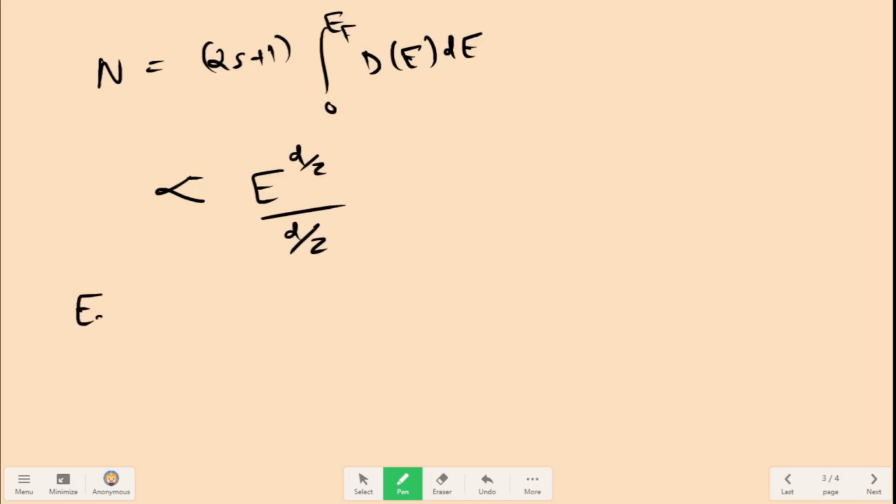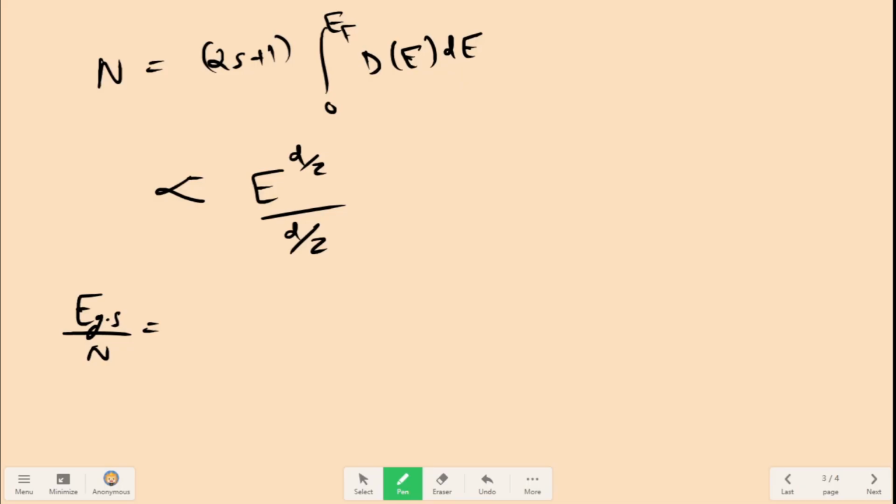Now the total ground state energy per particle: the 2s plus 1 in the numerator and the 2s plus 1 in the denominator get cancelled, and also the constants after doing the integration get cancelled.